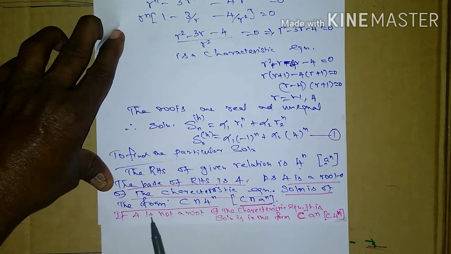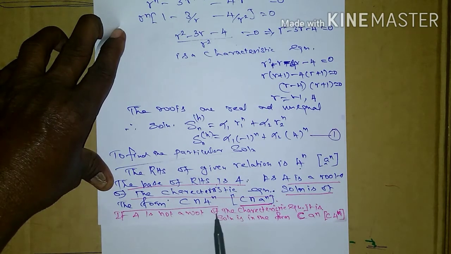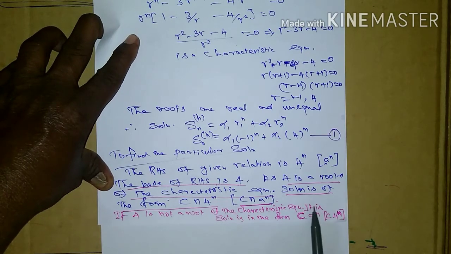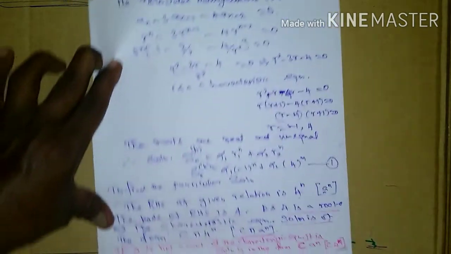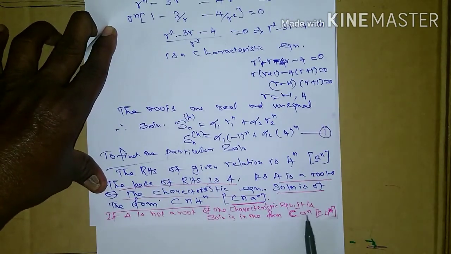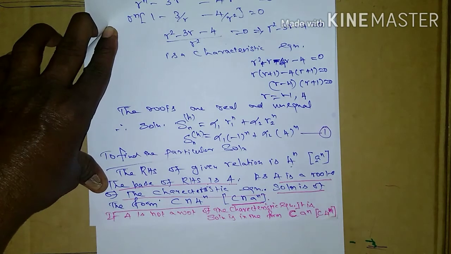If the root is not the base of the right hand side, the solution is C into a power n; here base is equal to 4, therefore C 4 power n.